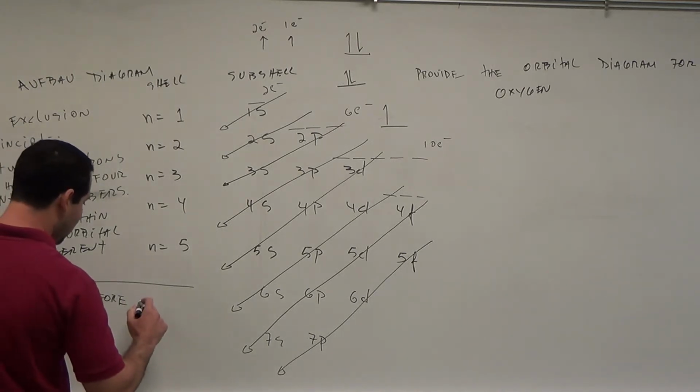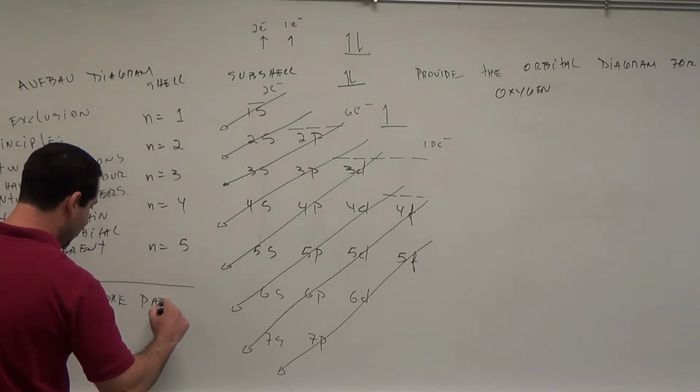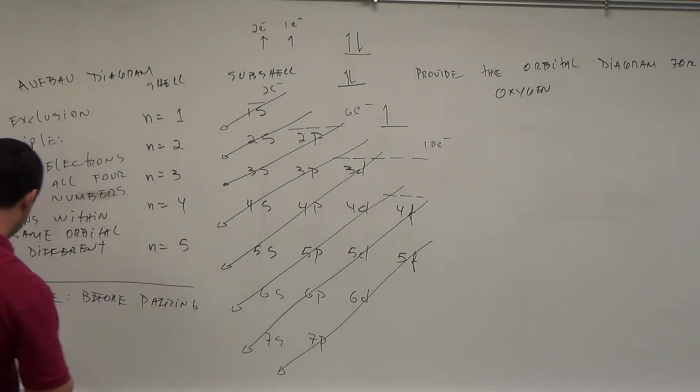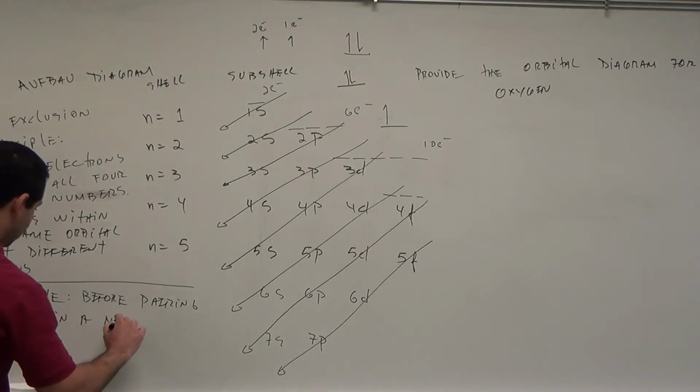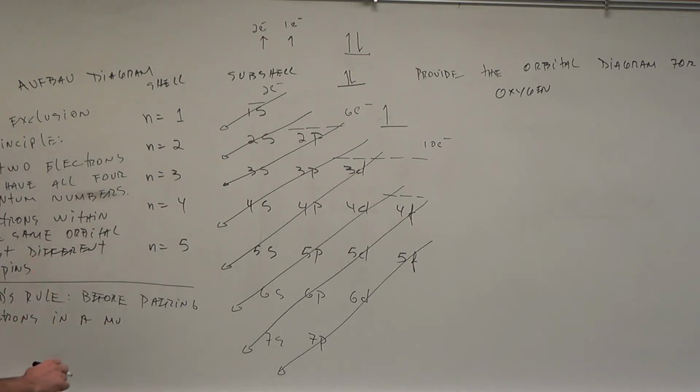Okay, before pairing electrons in a multi-orbital subshell, and this is different from what I said before, right?